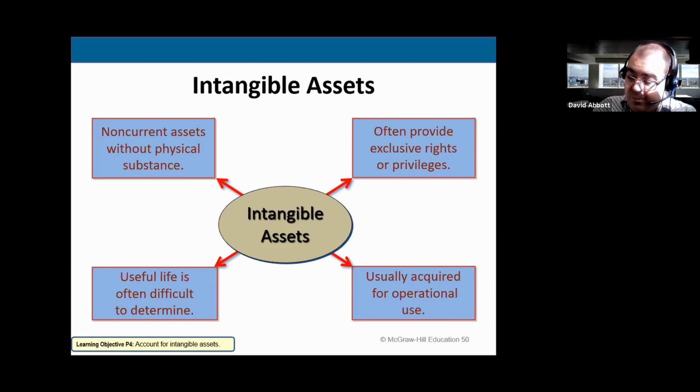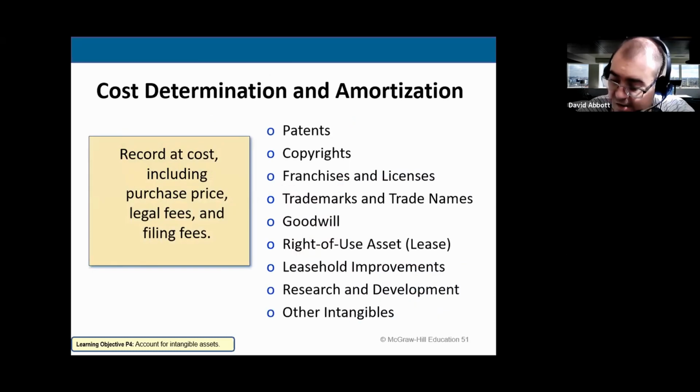Lack of physical substance does not always mean that it is an intangible asset. Notes and accounts receivable, for instance, lack physical substance, but they are not considered intangibles. An intangible asset is recorded at cost when purchased. Intangibles can have limited lives or indefinite lives.